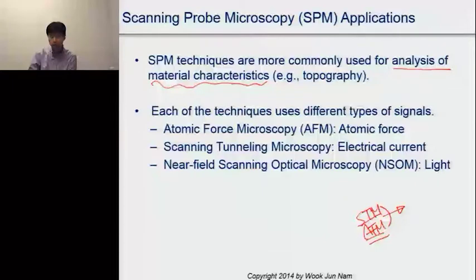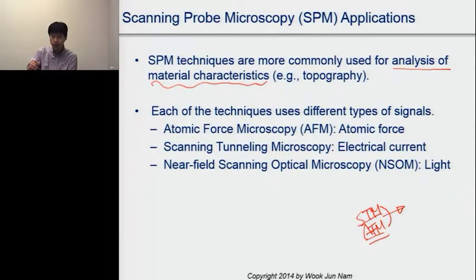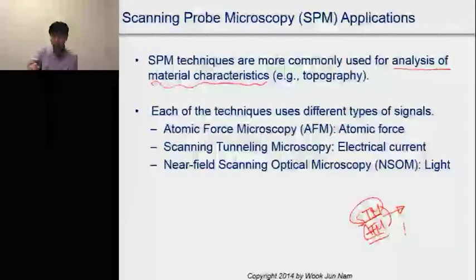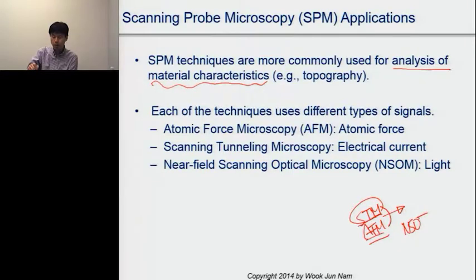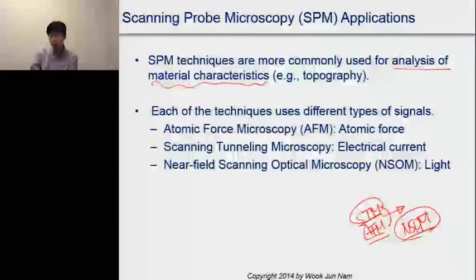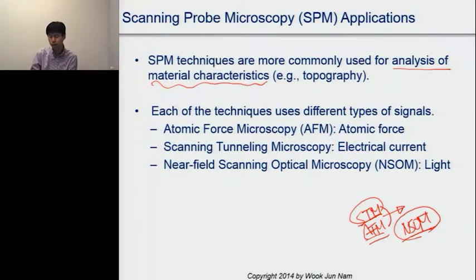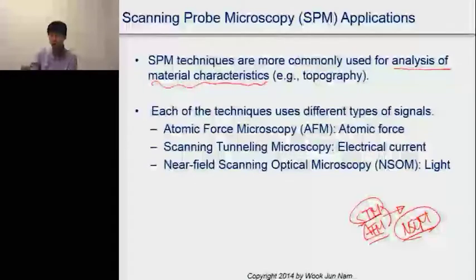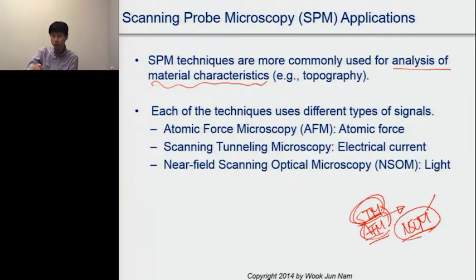Some also provide other kinds of spectroscopy analysis using Raman spectroscopy. So each of these different technologies can be used for different material characteristics.